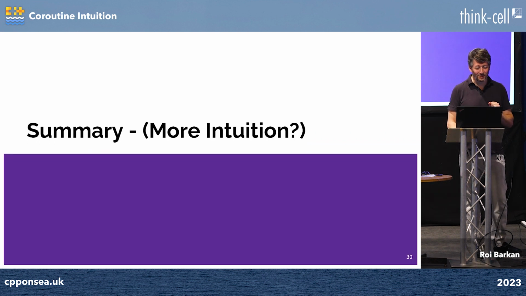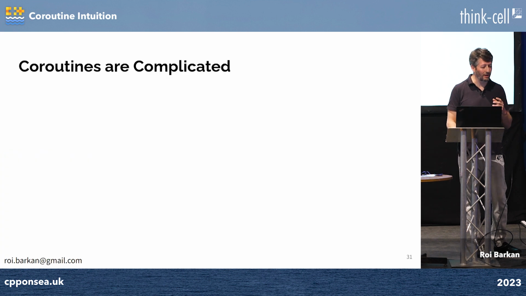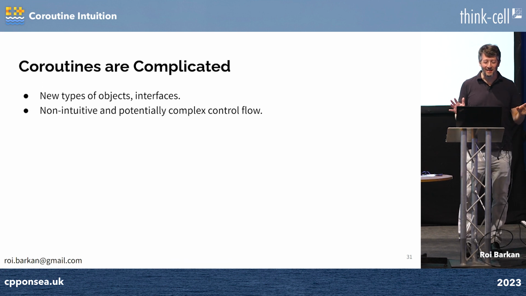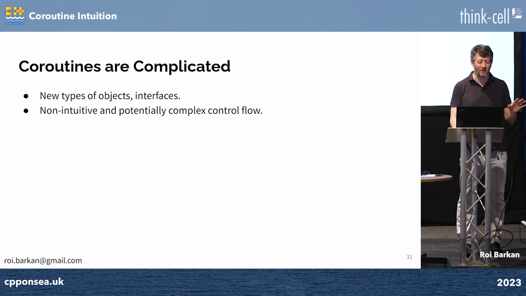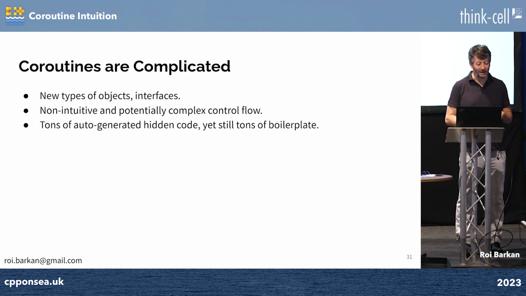Okay, so getting to the summary here, we looked at a lot of cases, a lot of scenarios, and I think one of the things running through your head right now is that this is complicated. It's a lot of new types, new objects, new interfaces. The control flow can potentially be very non-intuitive and complex.